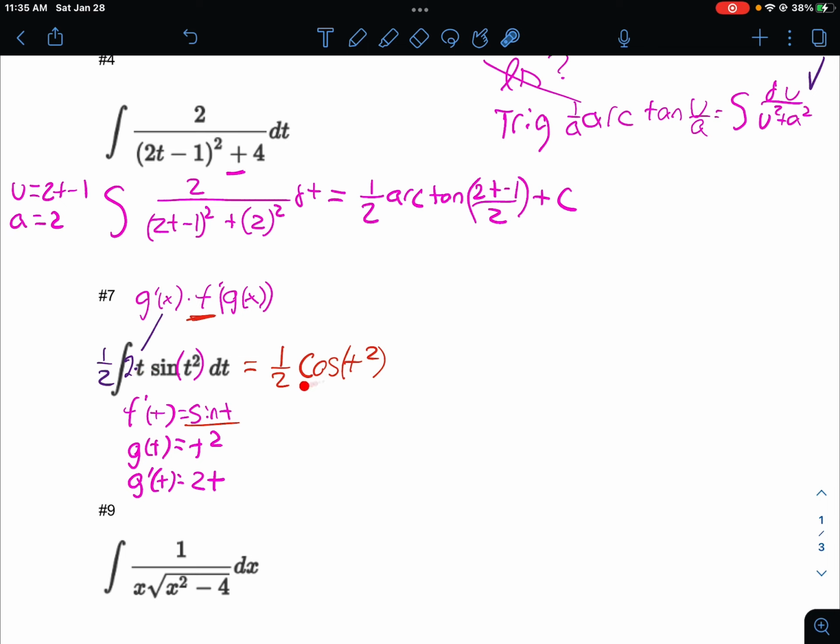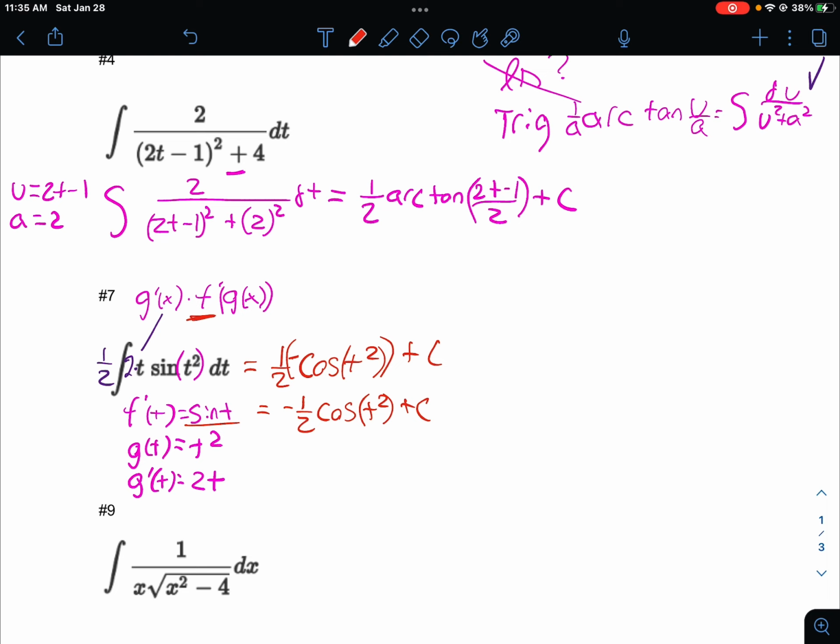Well, the derivative of cosine is negative sine. There's a negative here. So that means I'm missing a negative. So this, instead of being cosine of t squared, it's negative cosine of t squared plus c. And when I go to make this look a little bit nicer, I'm going to get negative 1/2 cosine of t squared plus c. And that's it.